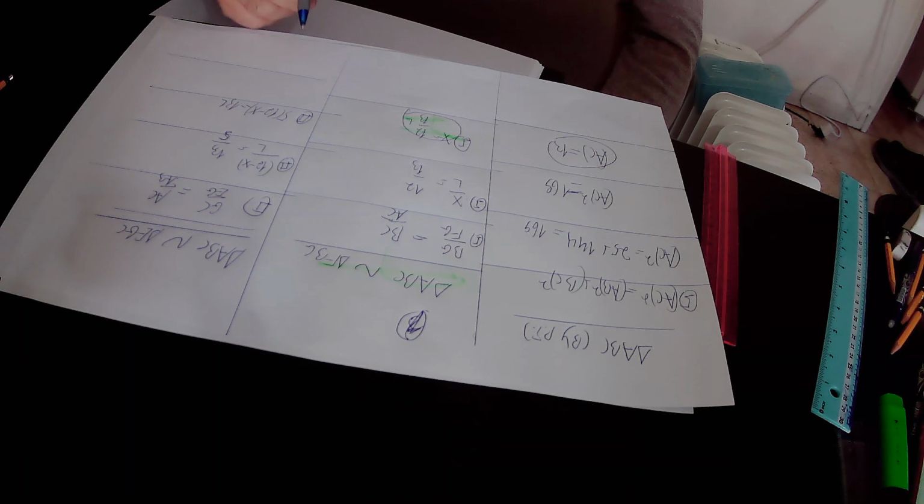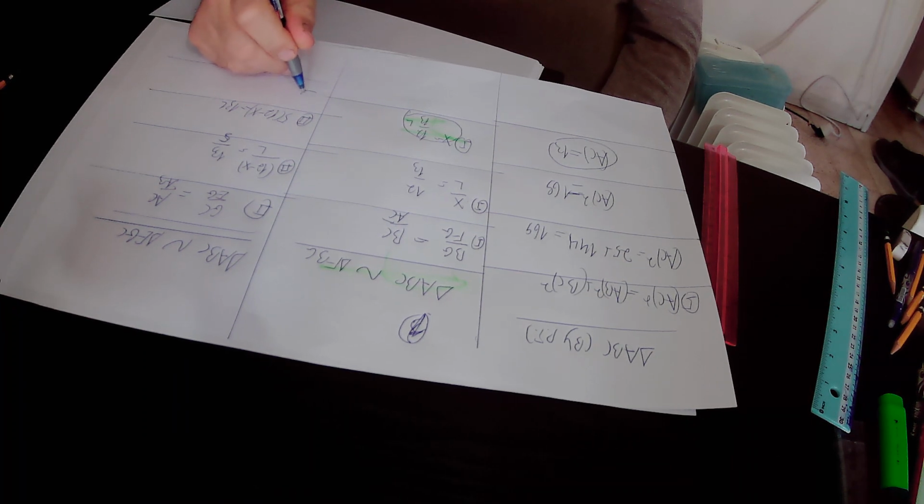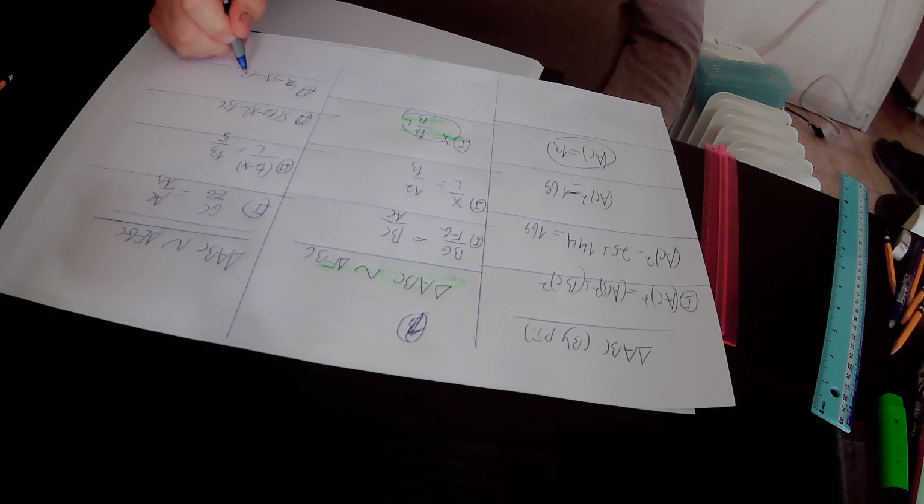So we open the brackets: 5 times 12 is 60, and 5 times minus x is minus 5x, that is equal to 13L.